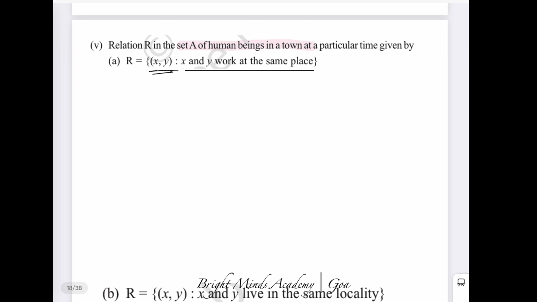Now we'll quickly check for reflexivity. We'll say for x belonging to the set A, will (x, x) belong to the relation R? Definitely yes, because the condition for belonging to R is that x and y both have to work at the same place. Doesn't the person x itself work at the same place?